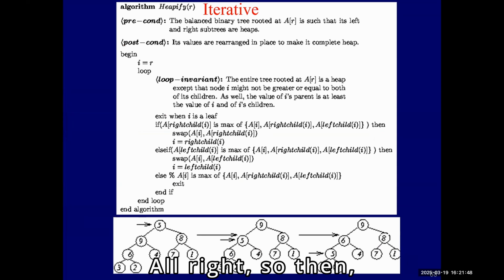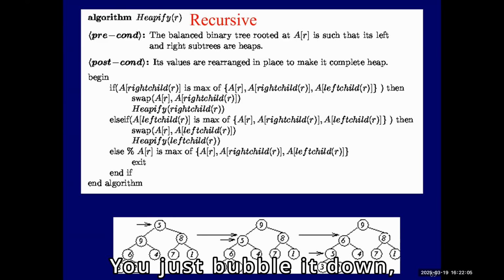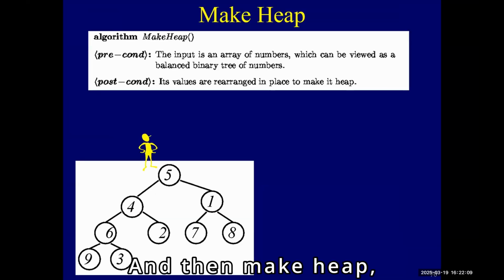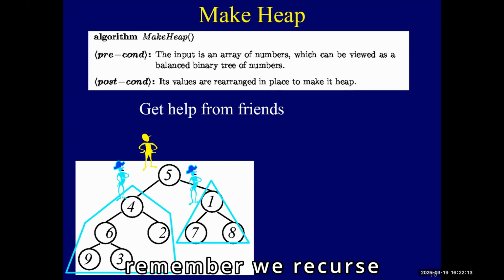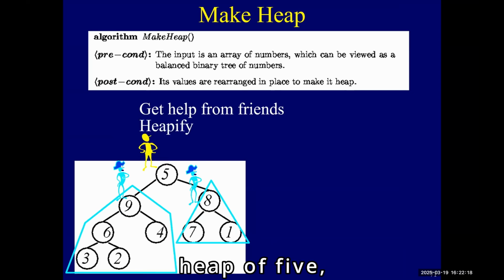All right, so then how do you, don't say I never gave you code. Here's just code for heapify. There's an iterative version, there's a recursive version. It's not very hard. You just bubble it down, all right? And then make heap, remember we recurse, and then you call heapify.